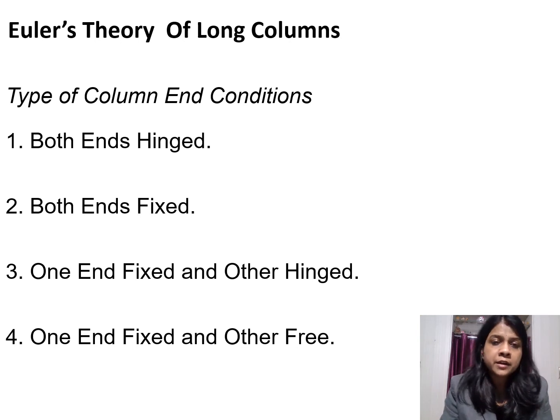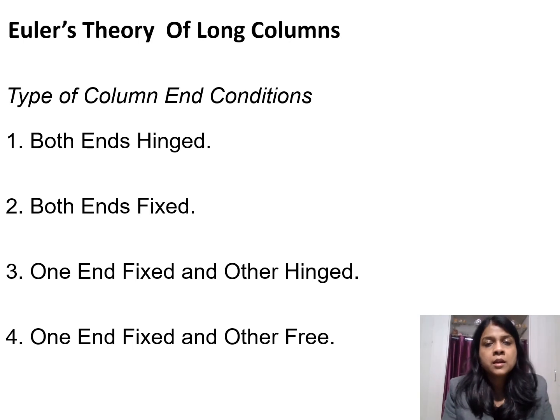For each end condition, we will derive a formula using which we will be able to calculate the buckling load or crippling load. So what is buckling load? The load at which the column will fail or buckle is called the buckling load.